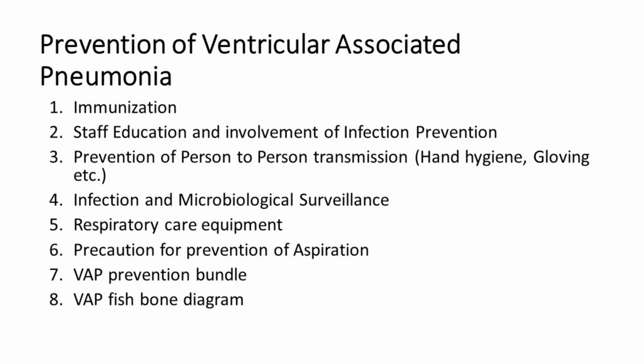Ventilator associated pneumonia can be prevented by immunization, staff education and involvement of infection prevention, prevention of person to person transmission such as using hand hygiene practices and gloving, infection and microbial surveillance, respiratory care equipment, precautions for the prevention of aspiration, the VAP prevention bundle that we will be discussing in the coming slide, and a fishbone diagram, just to understand what can be the causes that can lead to ventilator associated pneumonia.